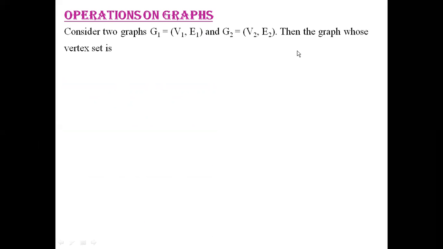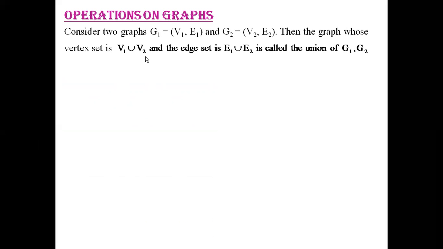Then the graph whose vertex set is V1 union V2 and the edge set is E1 union E2 is called the union of G1 and G2.